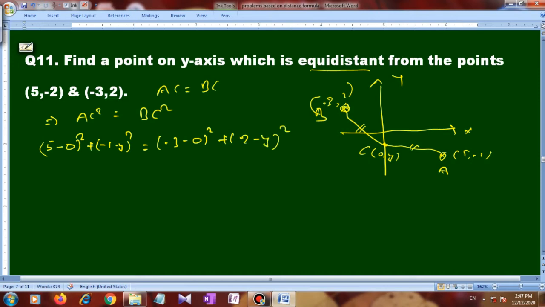Clear? This point is (5, minus 2). So here minus 2.